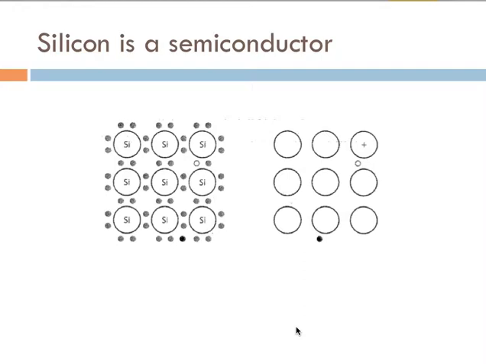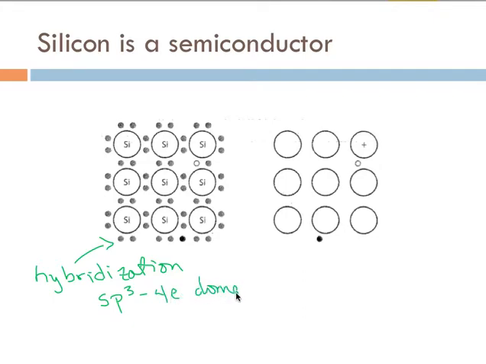If we flash back to this particular slide in these notes, just a little question. Do you remember hybridization? What is the hybridization of the silicon atom in this particular structure? Hopefully you remember it's sp3 because it has the 4 electron domains, tetrahedral in shape, right?